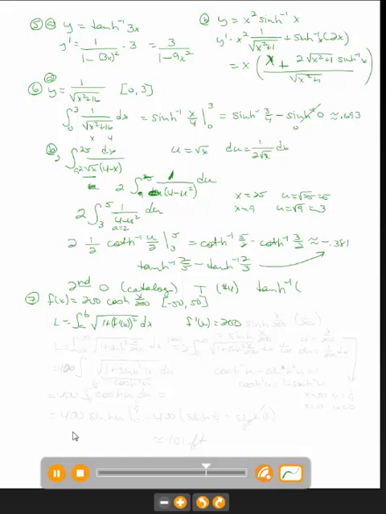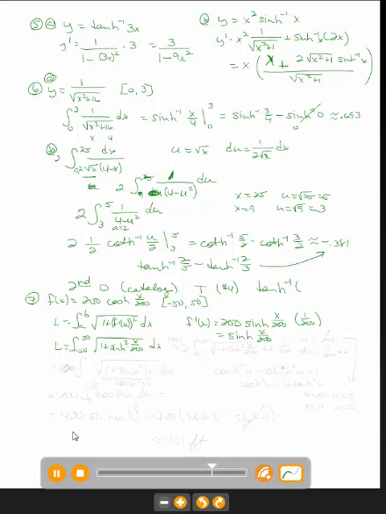The derivative of hyperbolic cosine is hyperbolic sine of the x over 200, but then the x over 200 is the junk, and you've got to take its derivative, and that would be 1 over 200. So that's going to cancel with the 200 in front, and my derivative is just hyperbolic sine of x over 200. So my arc length, negative 50 to 50, square root of 1 plus hyperbolic sine squared x over 200 dx.